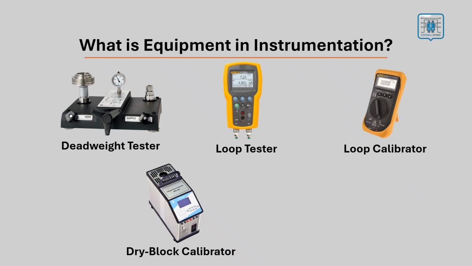We have the dry block tester or dry block calibrator, which is used to verify temperature sensors by providing a stable reference temperature. We also have the multimeter, which is one of the most versatile devices used to measure voltage, current, and resistance. Now, these devices ensure precision, compliance, and process reliability across industrial systems.